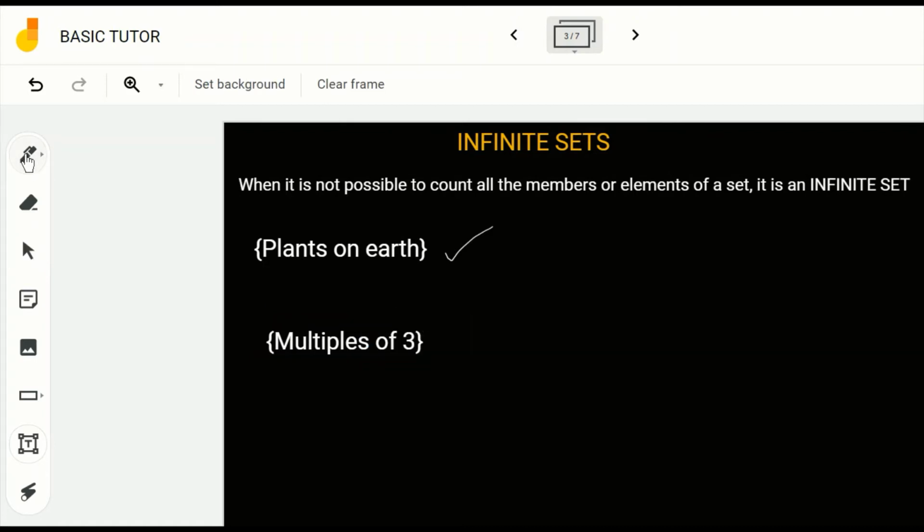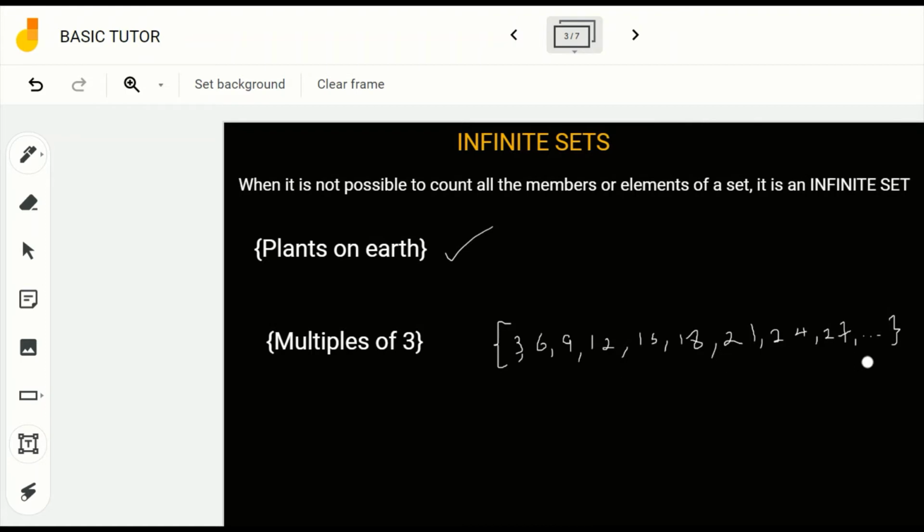Now, some examples of multiples of 3 are, we have 3, we have 6, we have 9, we have 12, we have 15, we have 18, we have 21, we have 24, we have 27, and the list goes on. The list continues. So this is an example of multiples of 3. So it is an infinite set.